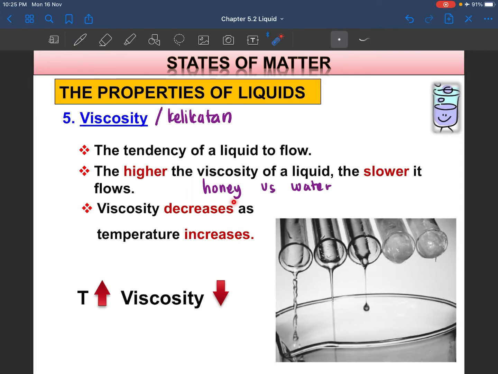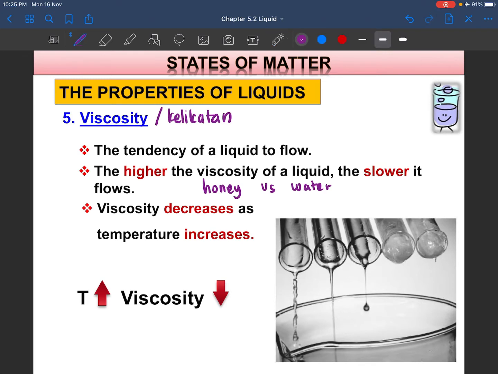Okay, so untuk honey ni madu kan. Okay, madu kita tahu kalau madu ada dalam botol, kita try to pour out the madu, honey tu akan flow slow je. Okay, but not water lah. Water ada dalam botol, kamu tuang, dia memang confirm tumpah habis semualah.